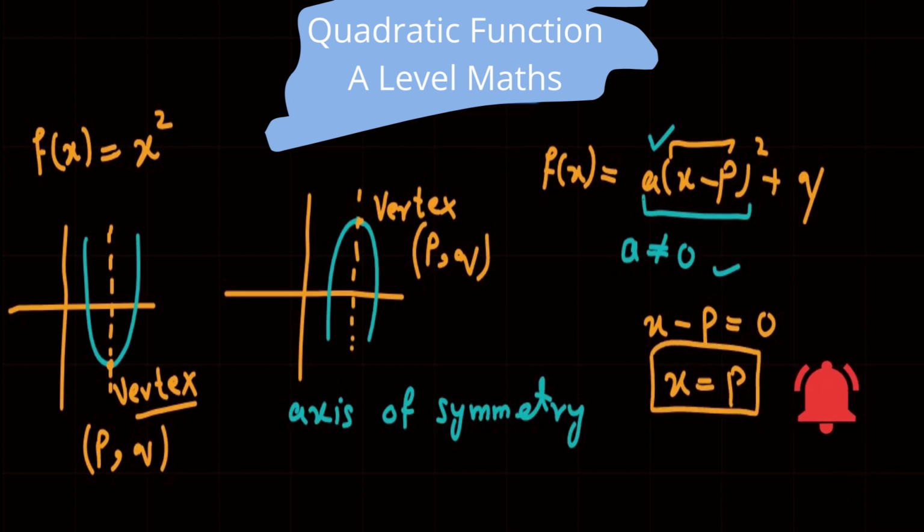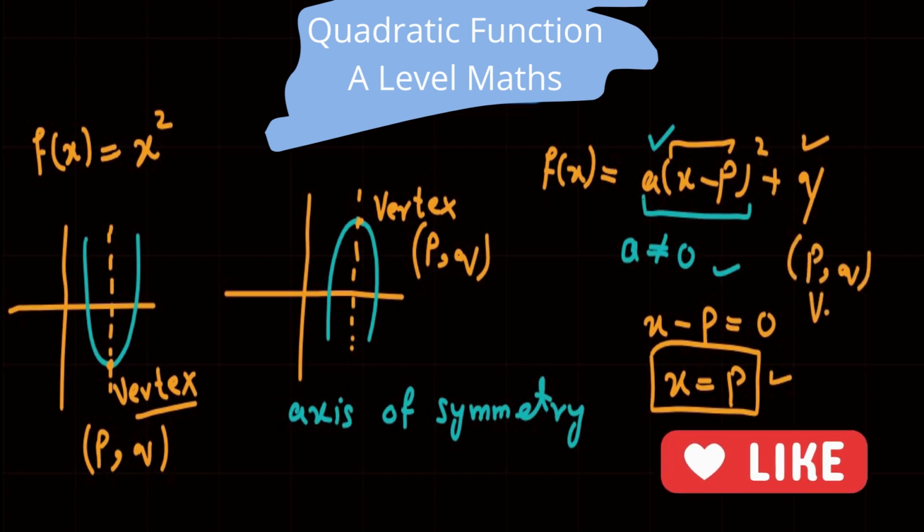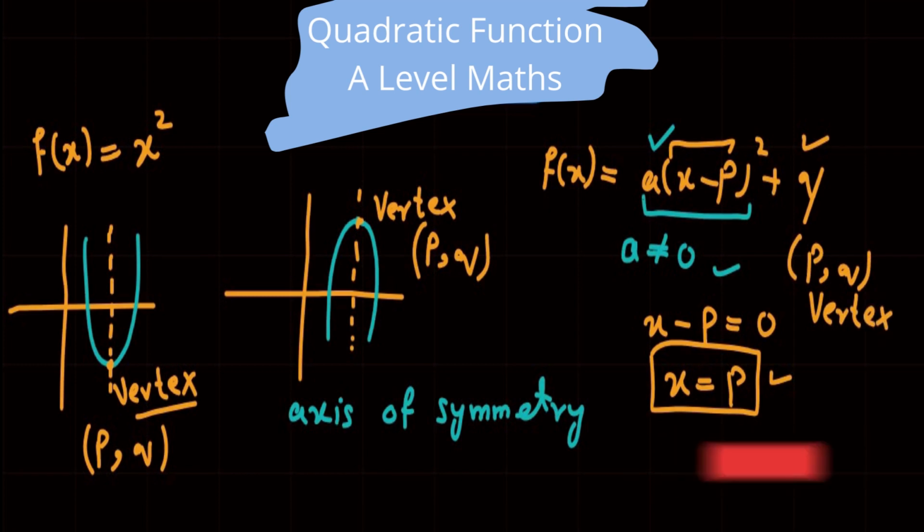And obviously in the questions we will have specific values of the p constant, the q constant and the a constant, but generally we have this equation x is equal to p. So in this vertex form, this p and q is the vertex. A is any constant which is also called the coefficient of x minus p whole square.